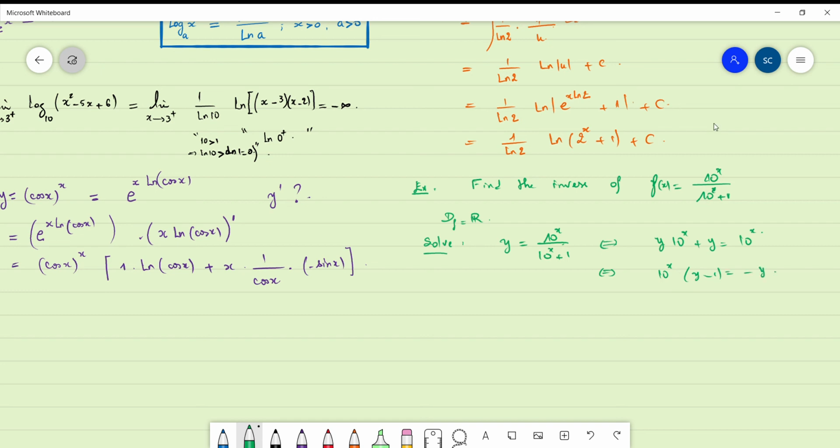At this level, y equal 1 is not possible. If you substitute y equal 1, this side gives you 0 and the other side you will have 0 equal minus 1. Because we have 0 equal minus 1, we have to avoid y equals 1. There is no x such that f(x) equals 1. So y is different from 1, and we will have 10 power x equal y over 1 minus y.